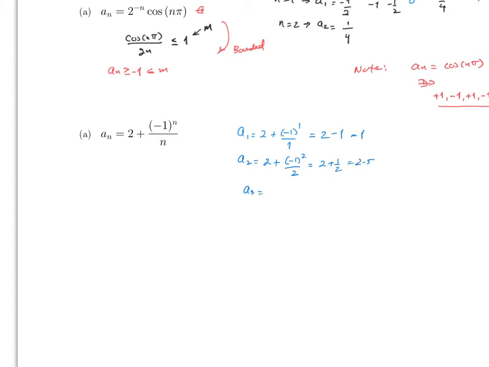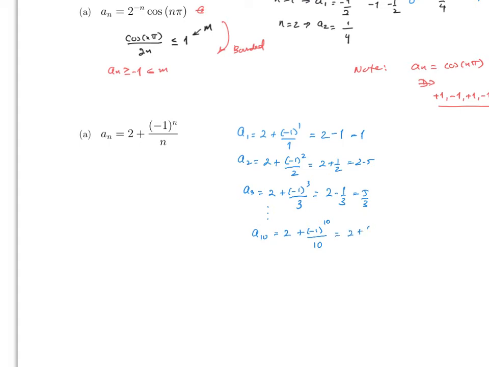What about if n is 3? It will be 2 plus negative 1 cubed over 3, which is 2 minus 1 third, and this is equal to 5 over 3. So you can see that if n is even, it's going to increase it, and if odd, it is going to decrease it. For example, if you wanted to find a 10, it will be 2 plus negative 1 to the 10 divided by 10.